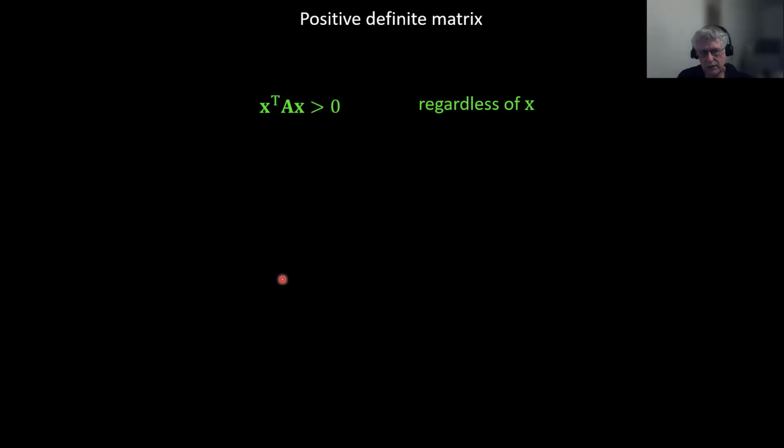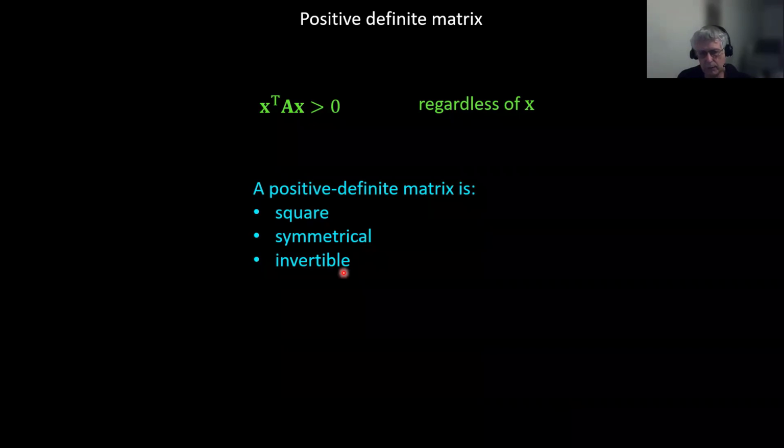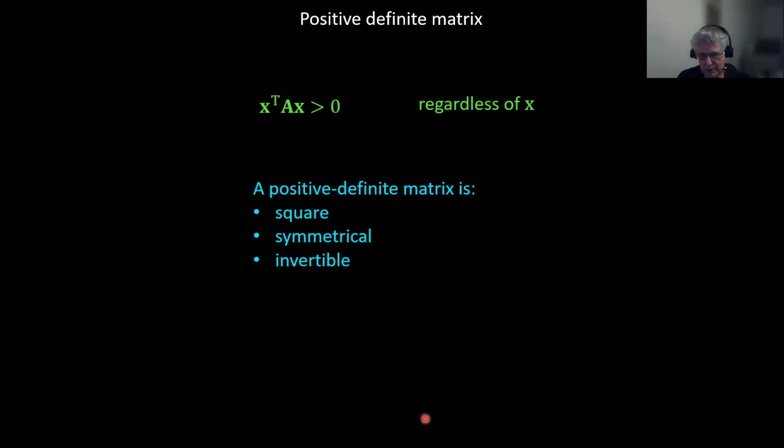Now, these are very special properties, but they're needed in statistics. A positive definite matrix is special in a number of ways. Firstly, it's square. Secondly, it's symmetrical. Third, it's invertible. We need all these for reasons which will become apparent shortly.